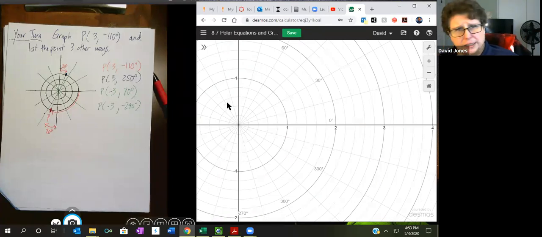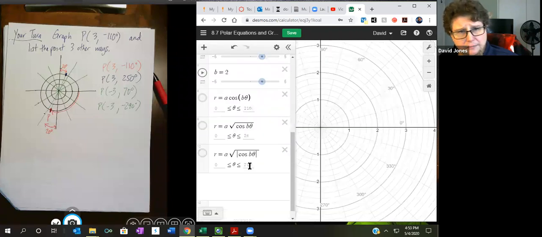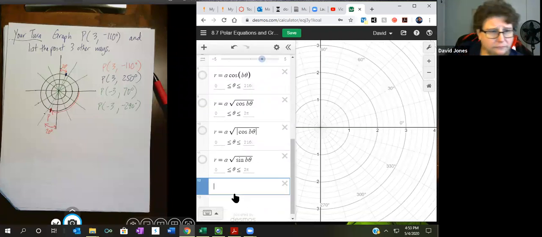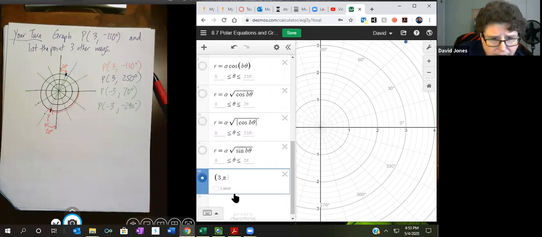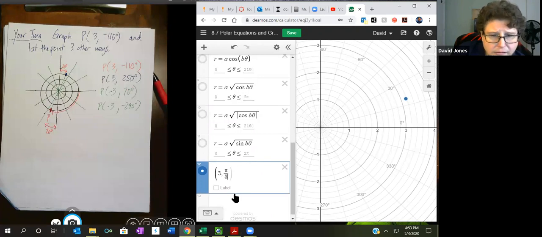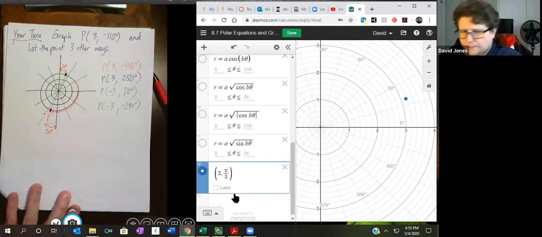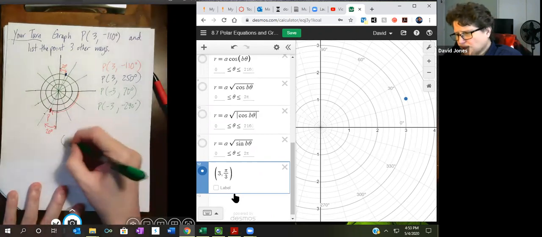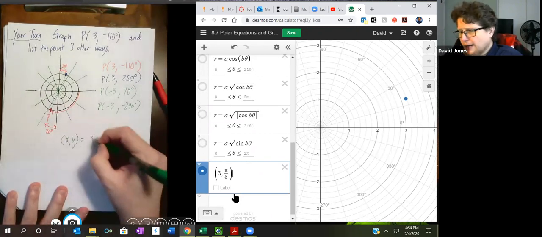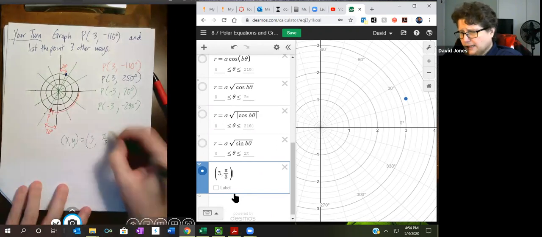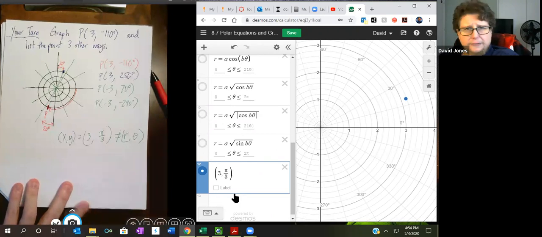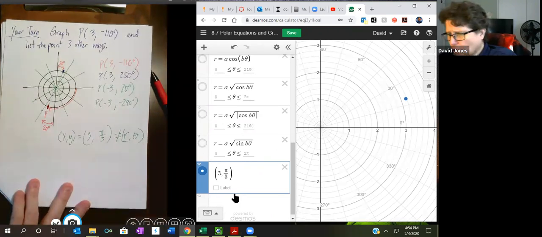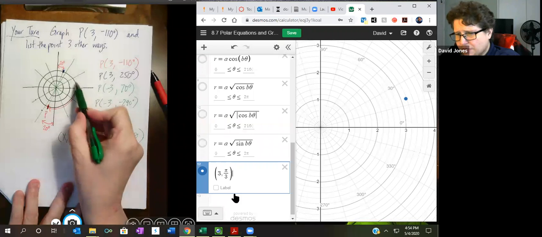It's actually a good thing to point out. Let me bring that back up. (3, pi over 3) in x and y is not the same thing as r, theta. When r equals 3, it's going to stay on that third ring.